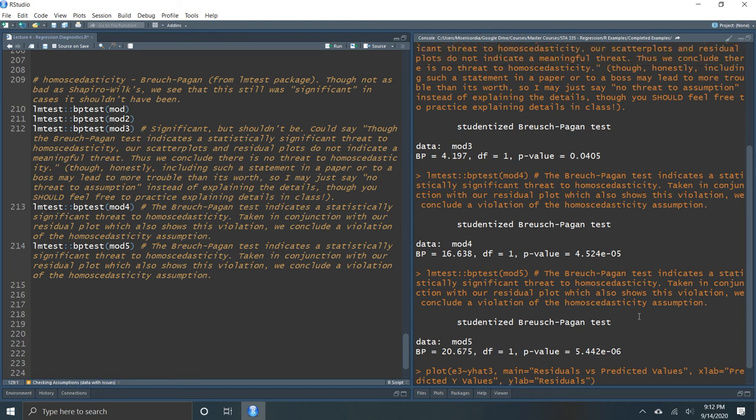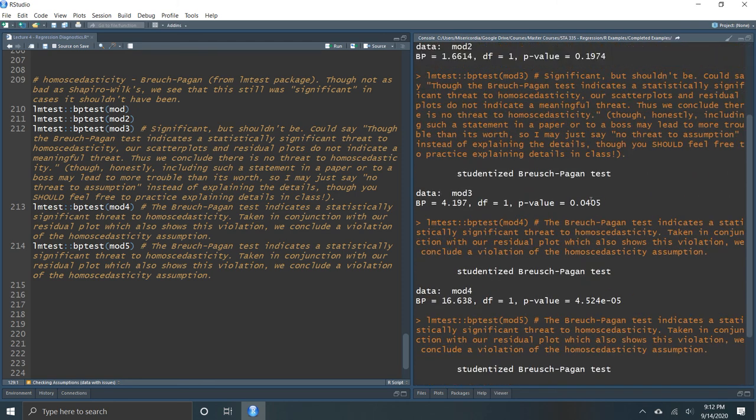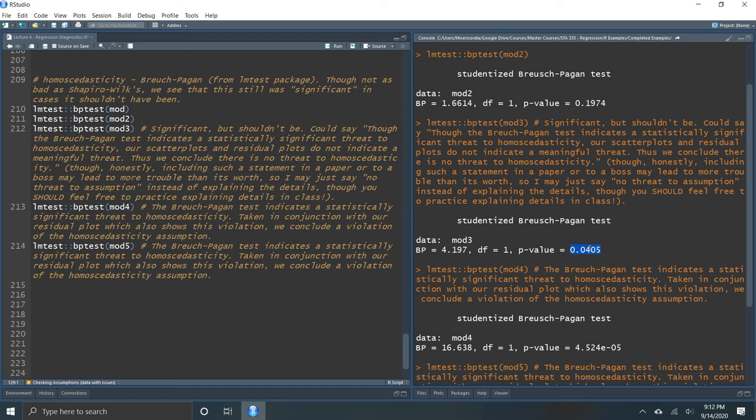For the first two, they weren't significant, and they should not have been. So these first two are correct, the last two are correct. The only one that the Breusch-Pagan got wrong is the middle one, and it was still pretty close to the 0.05 cutoff. But it did declare that this was statistically significantly in violation of homoscedasticity, when in fact the data really wasn't.